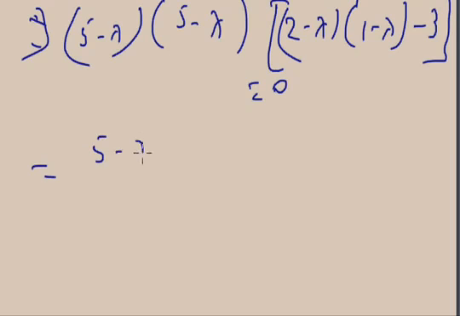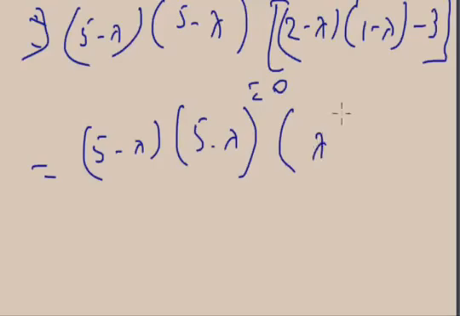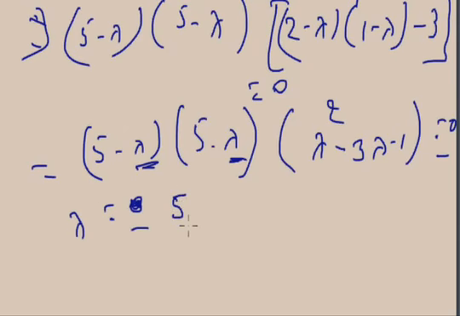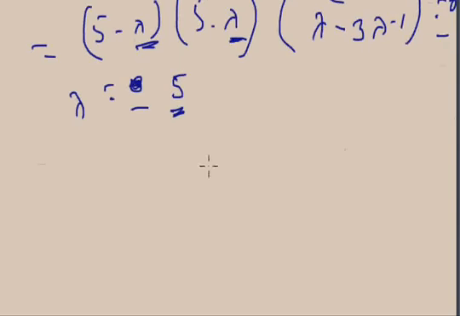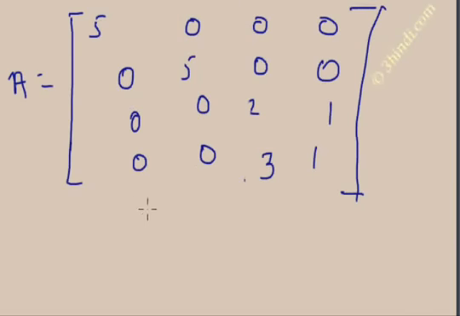This means 5 minus lambda into 5 minus lambda, and if you solve this, you will get lambda square minus 3 lambda minus 1 is equal to 0. Here one lambda value is 5. Lambda is equal to 5. So A is this matrix.